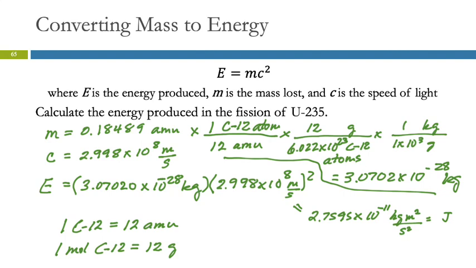I mean, if we multiplied this by Avogadro's number to get a mole, it would be 1.66 times 10 to the 13th joules, which granted would be 235 grams of uranium-235, but you could hold that, right?